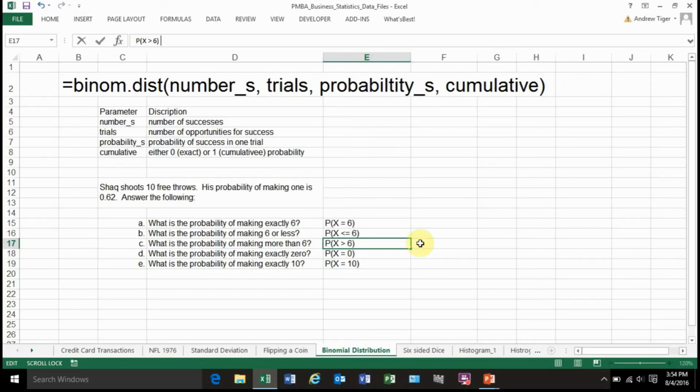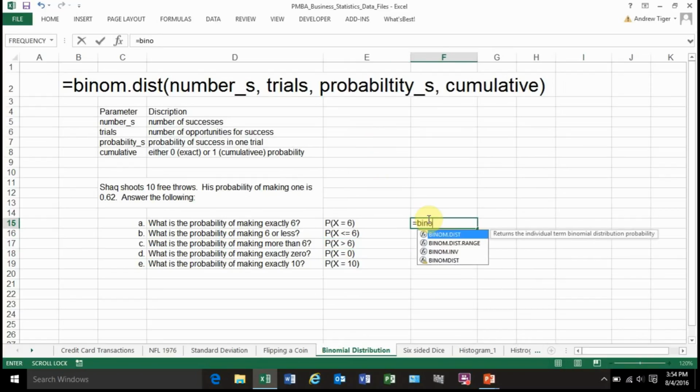So what's the probability he's going to make exactly 6? Well, let's use the formula. Let's put in 6 out of 10, where the probability is 0.62, and we're looking for exactly that, so we want to use 0 as my last argument, not 1. 1 is for cumulative. So the chance of making it is about 24% or 25%, close to that.